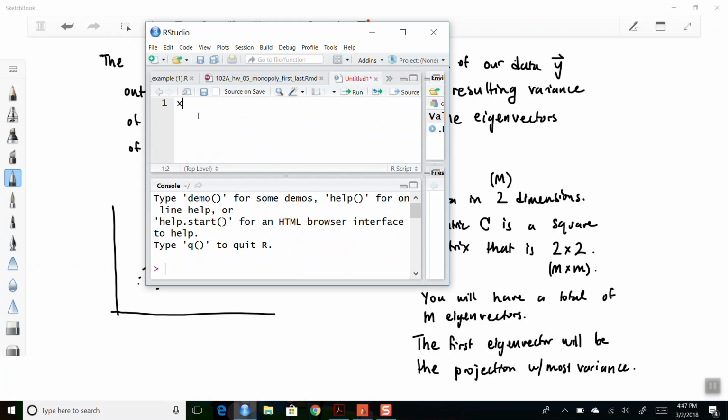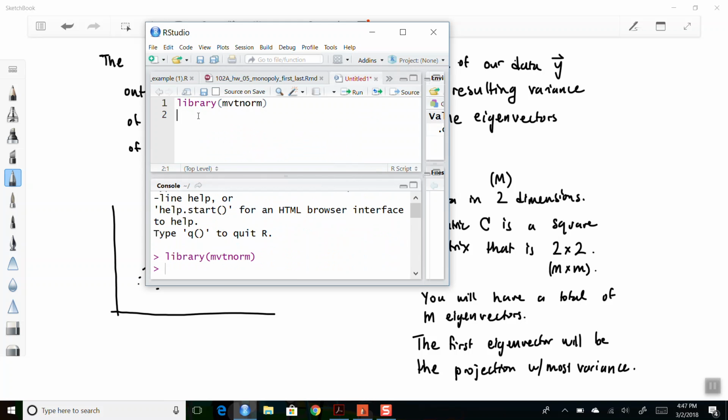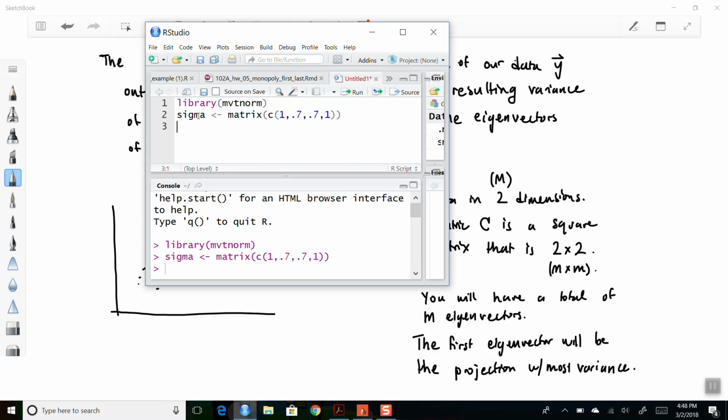Okay, so we'll say library MVT norm, and then we'll say sigma is matrix 1, 0.7, 0.7, 1. It will be rmvnorm. Let's do 100. Mean equals.